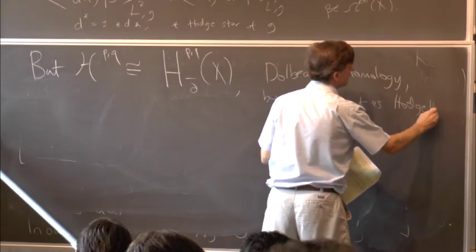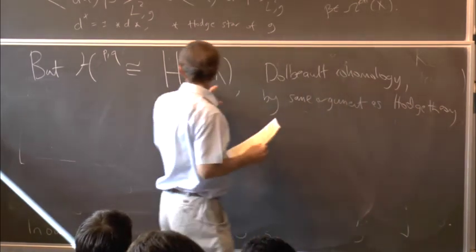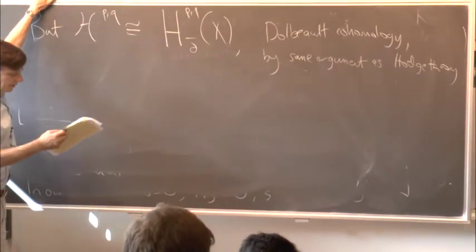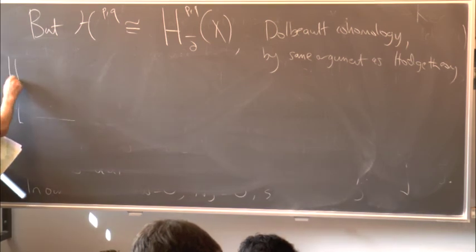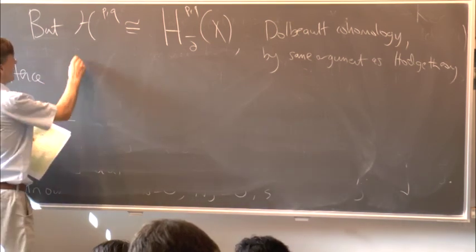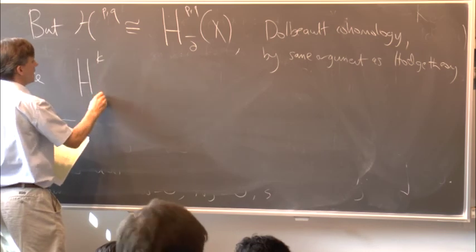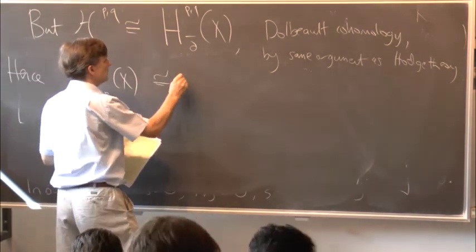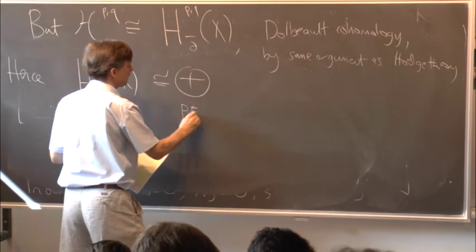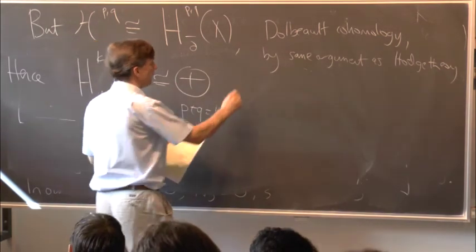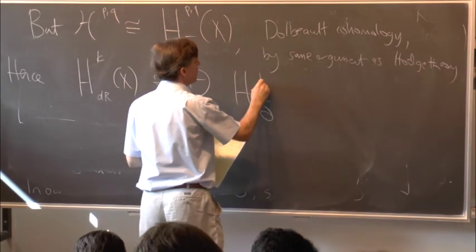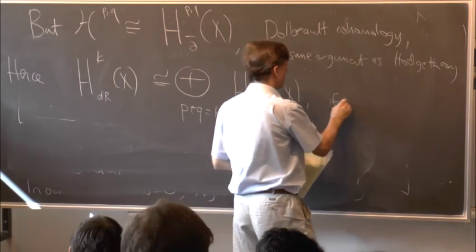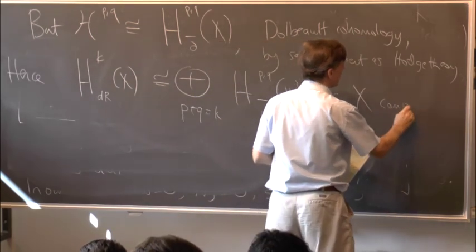So Hodge theory tells you that de Rham cohomology is isomorphic to curly H^k. The same kind of argument here gives you this. So now we've got a conclusion, which is that the de Rham cohomology H^k_{dR}(X) is isomorphic to the direct sum over all p plus q equals k of the Dolbeault cohomology H^{p,q}_{d bar}(X), provided X is compact and Kähler.